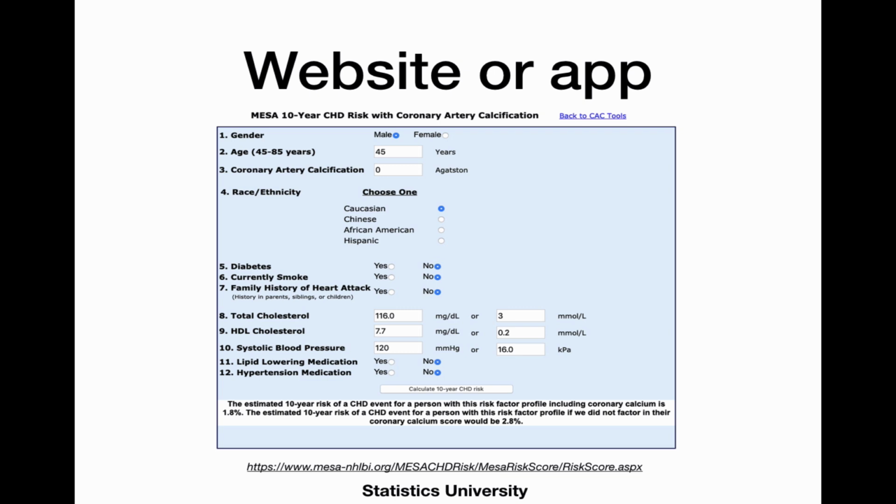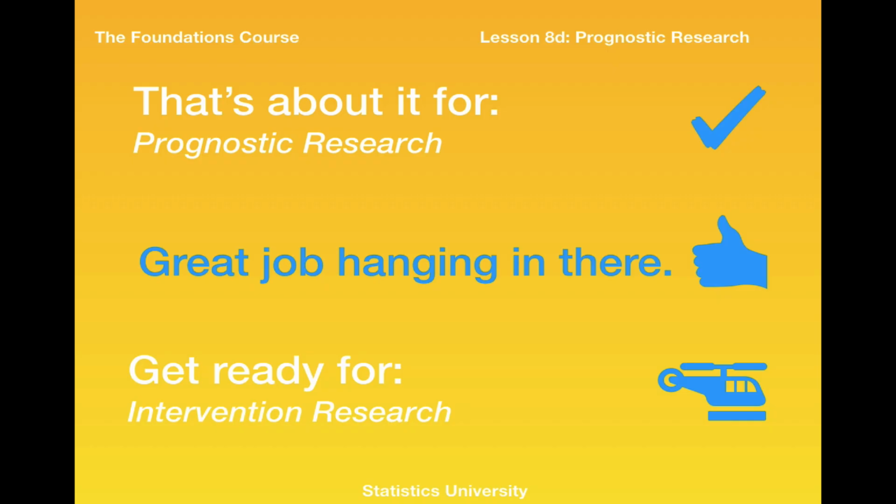But obviously this is the most labor intensive way of creating a prediction rule, but I think it also increases the chance of integration into clinical practice in comparison to the former ways of presenting your prediction rule. Well, that's it for prognostic research, and I hope you're ready for the next stop, which will be intervention research.